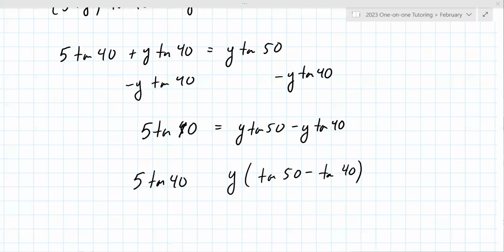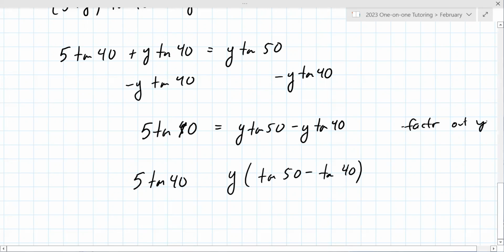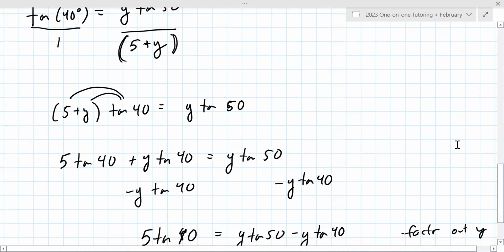Sorry, just give me a second. Sure, take your time to get caught up here. Oh, and you got that from distributing, so y tangent 40 for you. You factor out y. Can you scroll up a little bit? Sure, is that okay? Oh, okay.